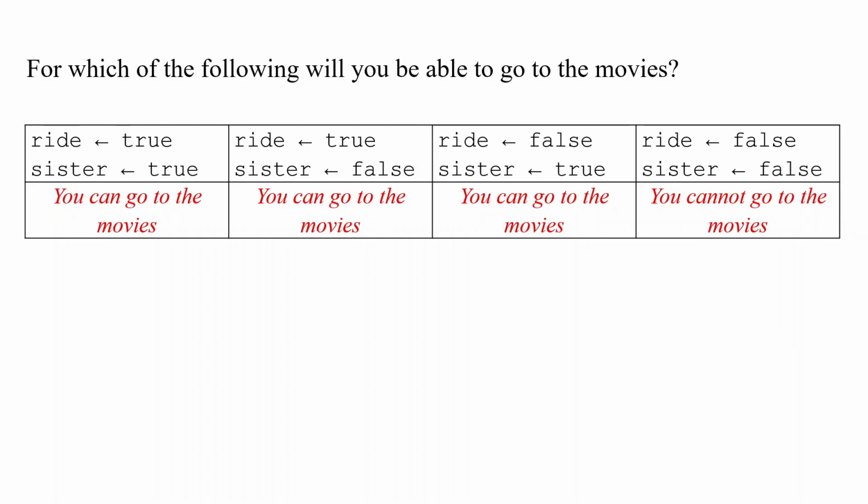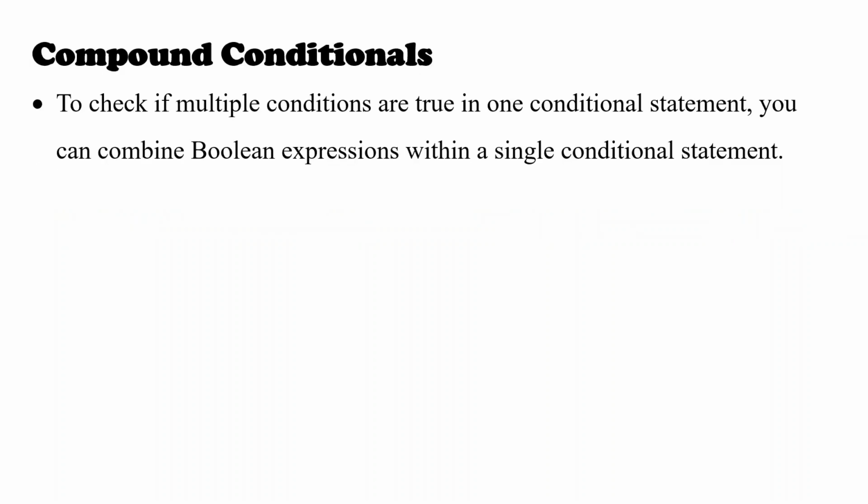Okay. Now, why did I do this example of riding and sisters and all of this? It is to introduce this concept of and or. In order to check multiple conditions, like in our situation there, it was ride and sister. Those were two conditions. In order to check multiple conditions in one statement, you need to combine the Boolean expressions with a single conditional statement.